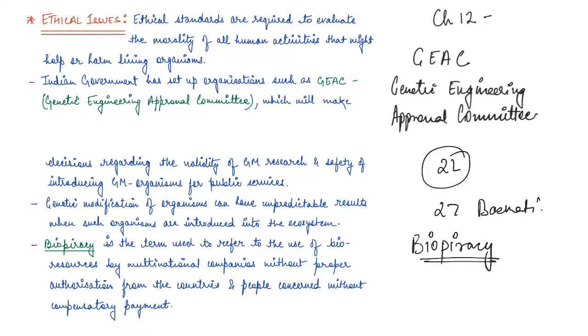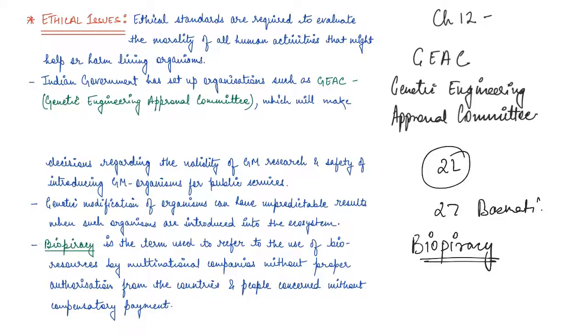And this can be used to save time, effort, expenditure during the commercialization, right? So basically, there is a growing realization of this inadequate compensation, of this injustice that is being done, right? And the benefit should be shared between the developed and the developing countries equally.